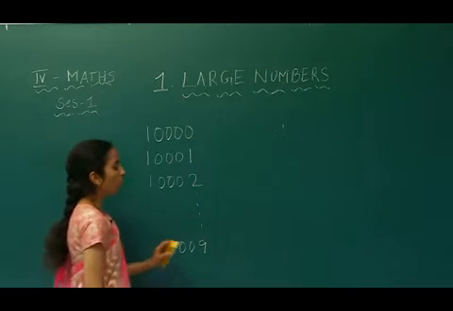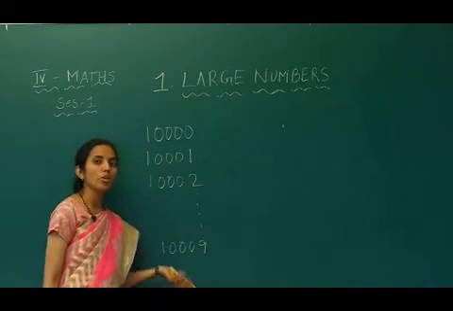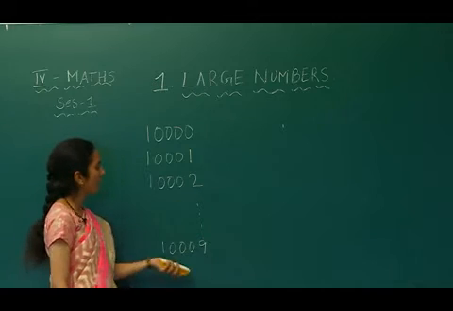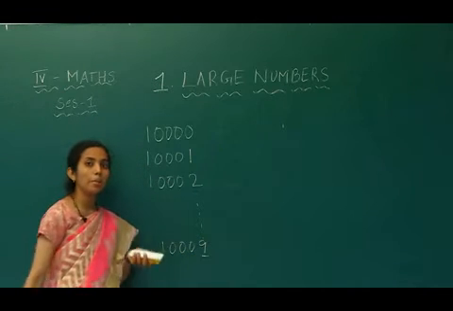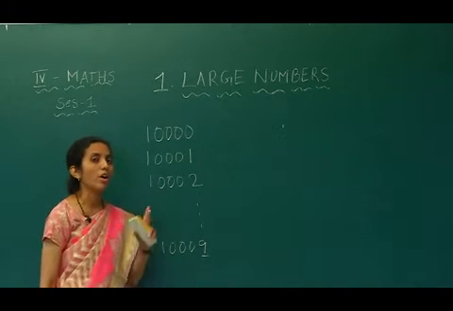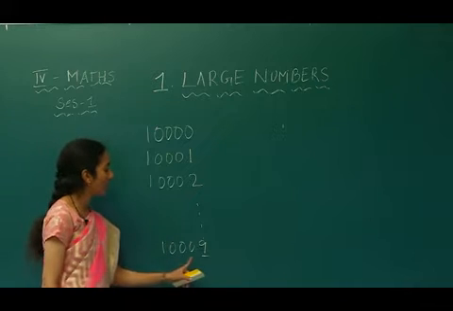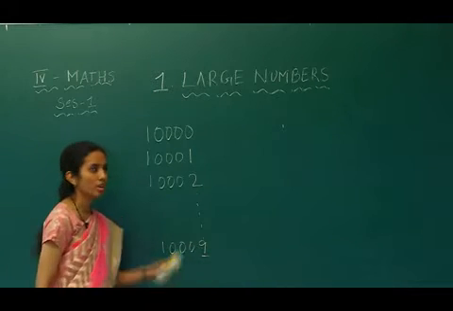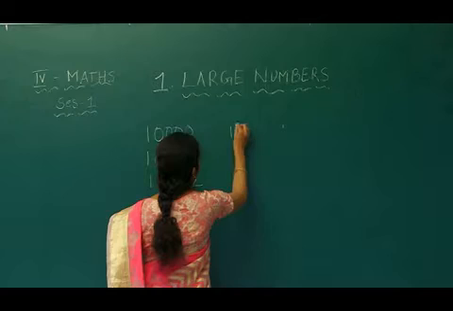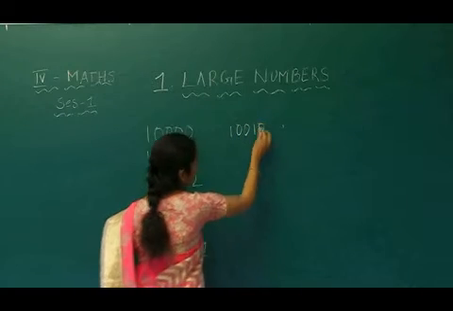So how do you write 10,010? Till 9, these are only 1-digit numbers, so we have replaced the last digit. But 10 is a 2-digit number, so you have to replace the last 2 digits. So this is 10,010.